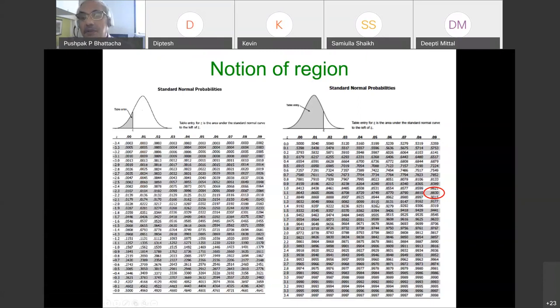Now we know how to deal with the area under the standard normal curve through the z-score, and the z-score tables are given, which we know how to read. If I have 1.26, then I go to the row 1.2 and the column 0.06, and from there I read the probability.